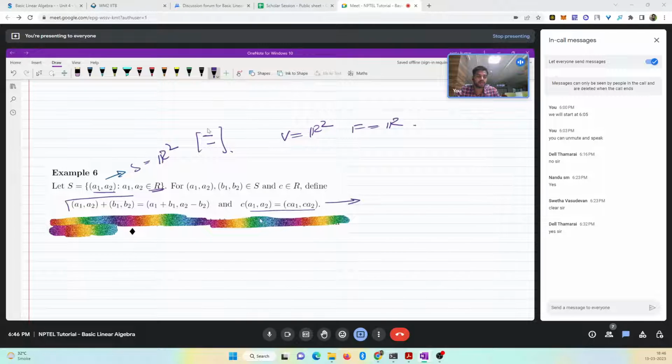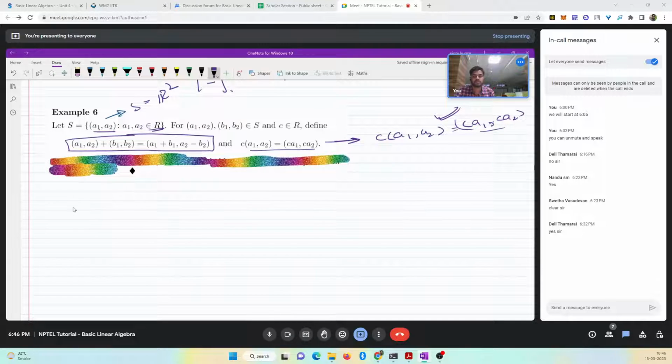Now they have defined this addition and multiplication in some unique way. If you look at this multiplication, then c times A1 comma A2 is equal to cA1 comma cA2, which is the same as what we have done before. But if you look at how they are adding two vectors, they have defined it differently, and they have asked us to check whether this is a vector space or not.